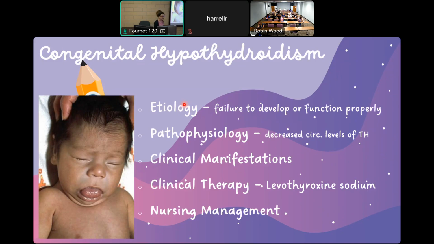We can see bradycardia, or even just a lower baseline heart rate than what you would expect for a newborn. Hypothermia. Their fontanelles are typically larger. And we can see prolonged jaundice in the newborn period as well.